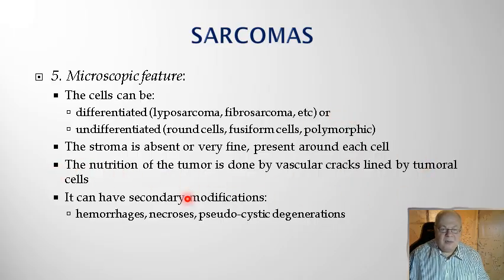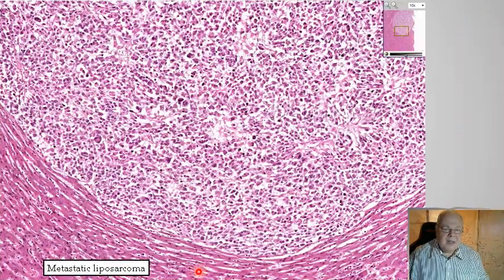So, as we already discussed, the general composition without stroma, with small vascular spaces, in fact, for circulation of blood between the tumoral cells, and having this secondary modification discussed. Here it's such a metastasis of, it's written here, liposarcoma. As you can see, in fact, it's just an accumulation of cells, most of them round, and by nothing you can say that it's a liposarcoma.